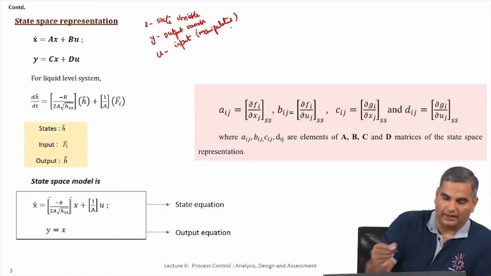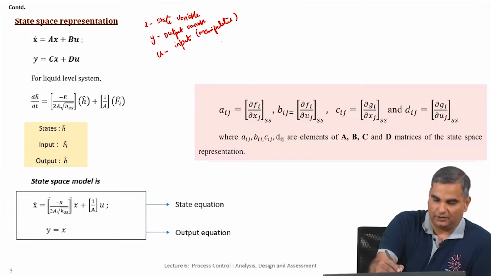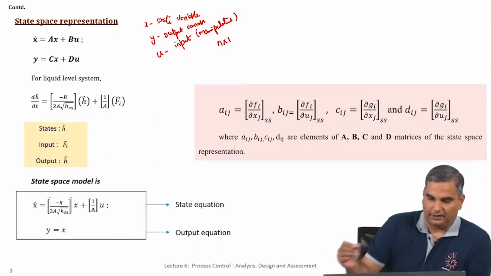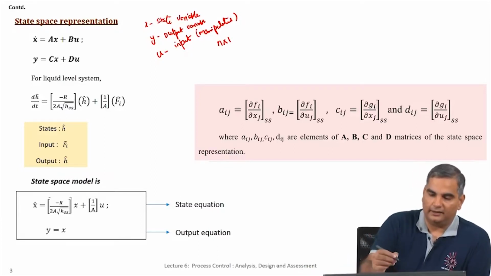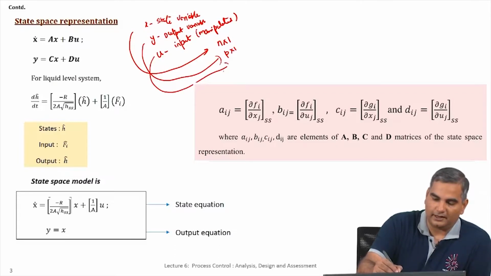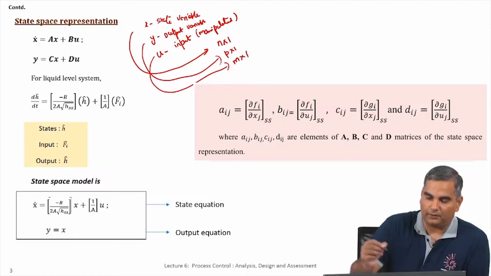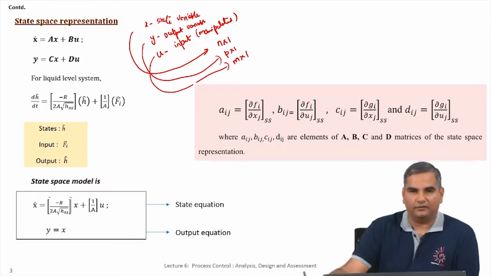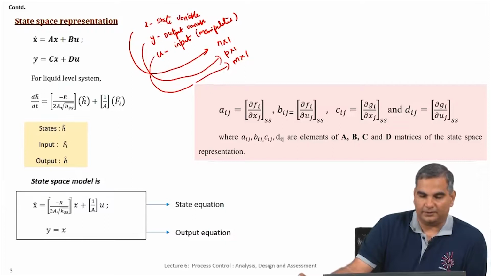So, you could have x with a dimension of n by 1, that means there are n states, and you could say the output variables are, let us say, p in number, so y will be p by 1, and the input variables are, let us say, m in number, so u could be m by 1. So, this is a general vector form of the state space representation.